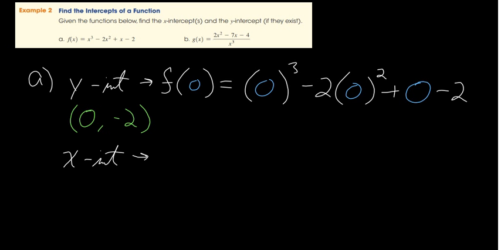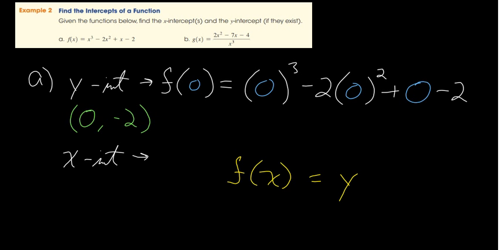Okay, so real quickly, we've learned that the notation f of x and y are essentially interchangeable, because y is the output, and the output is also denoted as f of x, the function at x.